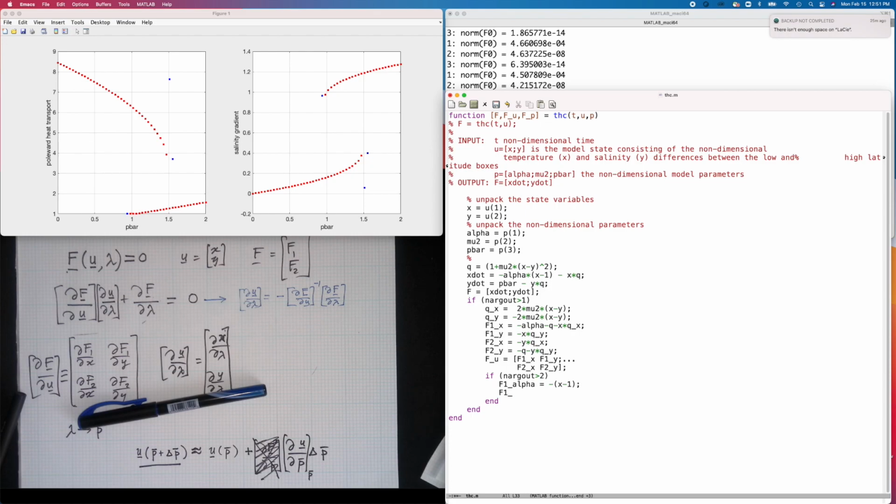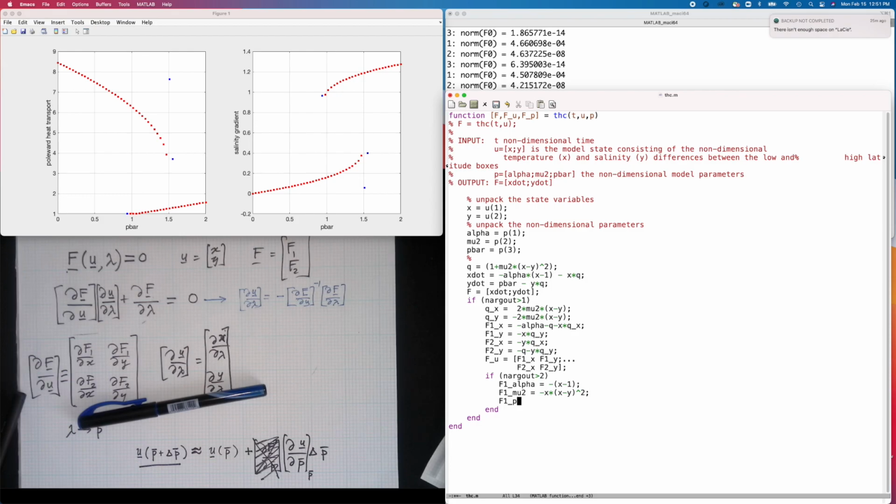F1 sub mu 2 is equal to, let's see, minus x times dq d alpha, dq d mu 2, sorry. dq d mu 2 is just x minus y squared.